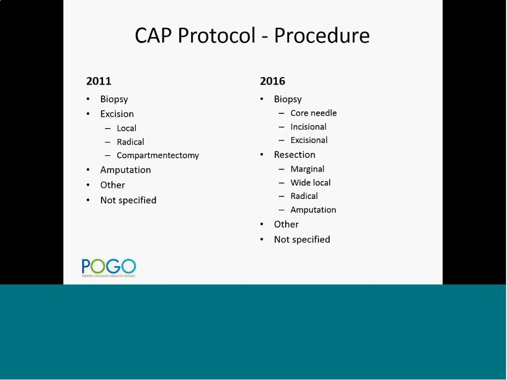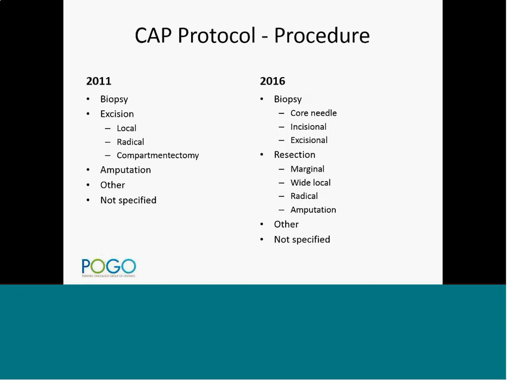So let's go to the very first category in the CAP protocol, and that's procedure. It's fairly straightforward. In 2011, you see it listed on the left of the screen. The broad categories were biopsy, excision, amputation, other and not specified.